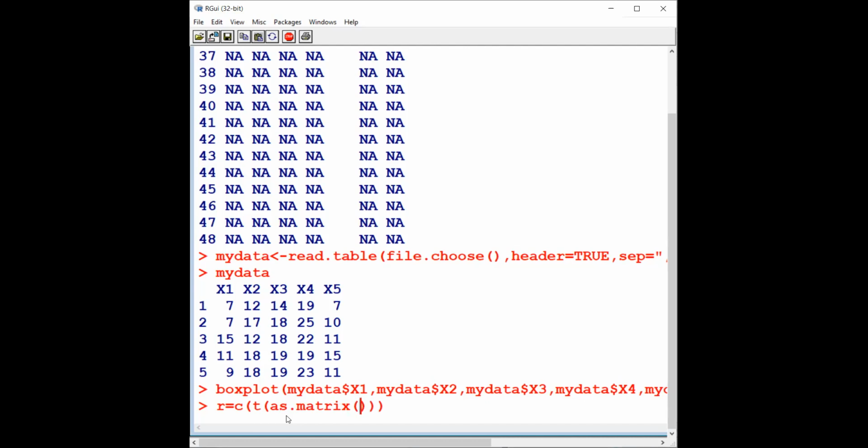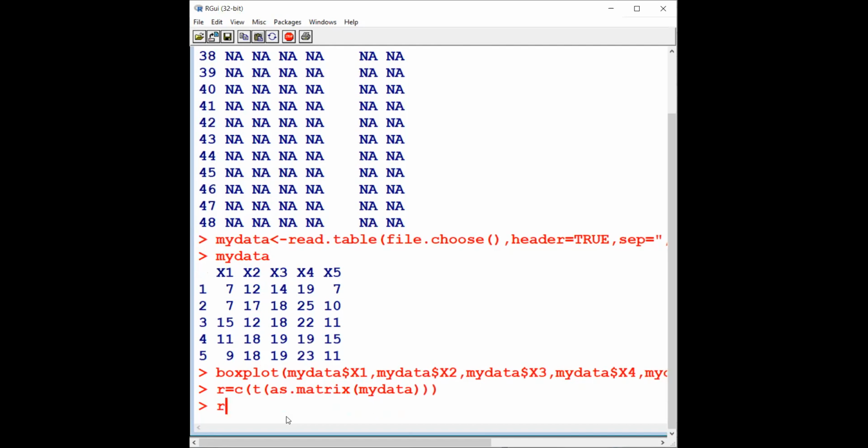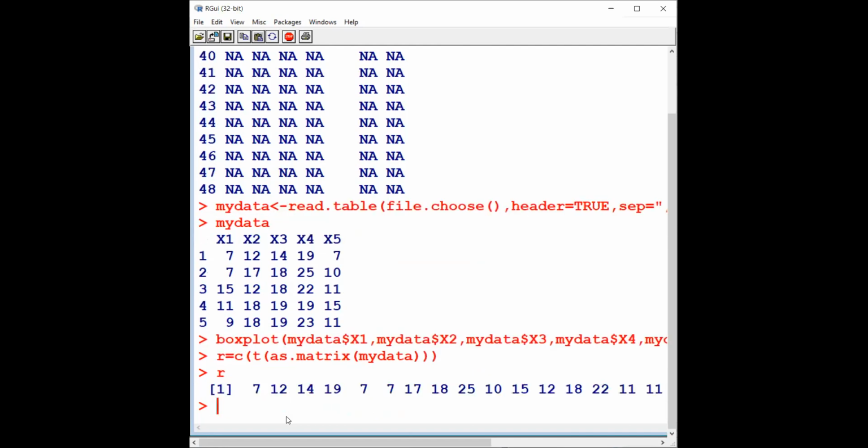Then you have to give the name of the data set that you want to concatenate. So I'm just going to call R and print it. You can see here it has put all these values into one row, converted into a row vector. The first row has 7, 12, 14, 19, 7 and so on. Likewise, all these rows have been concatenated into one row.